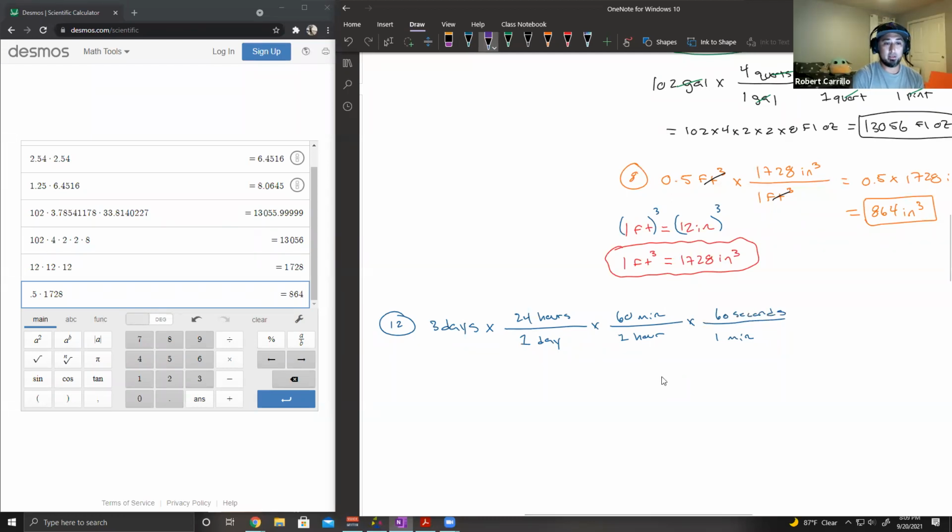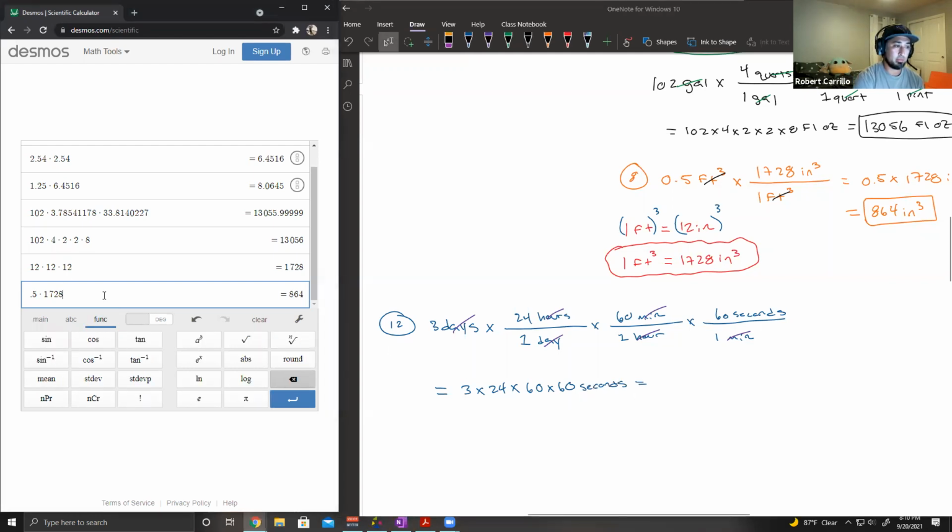Oh boy. And look at that. Days are gone, hours are gone, minutes are gone. And here's what we're left with. It's only ones in the denominator, so you just multiply the numerator. So it's going to be 3 times 24 times 60 times 60 seconds.